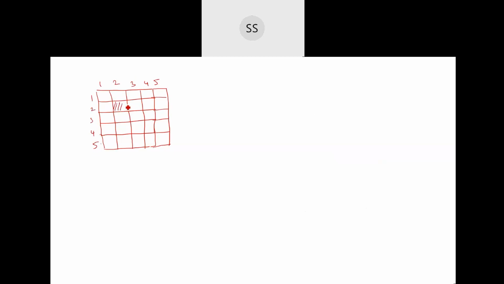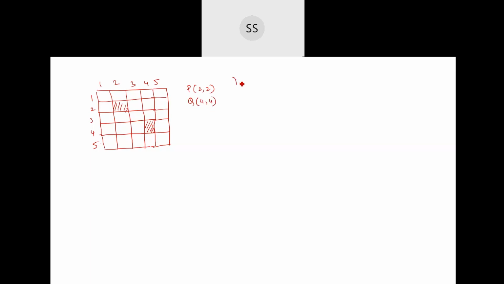I'm considering this 1 pixel. This is my P. P has a coordinate value 2 comma 2 and my Q has a coordinate value of 4 comma 4.